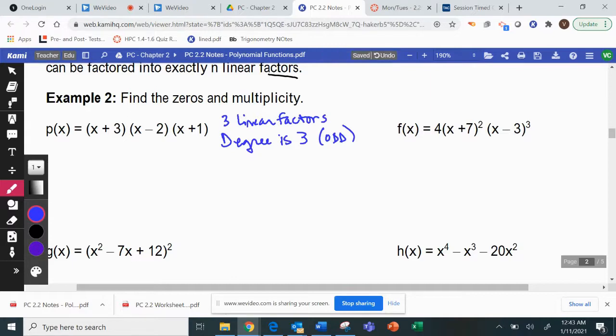We're going to find the zeros and any multiplicity. Finding the zeros is when you plug 0 in for y, or in this case, p of x. And then we're going to set each factor equal to 0 and solve for each factor.